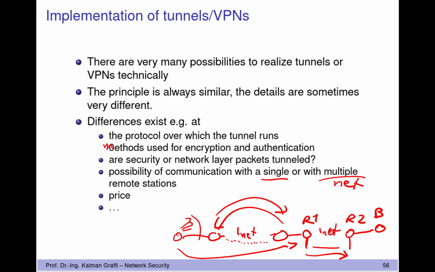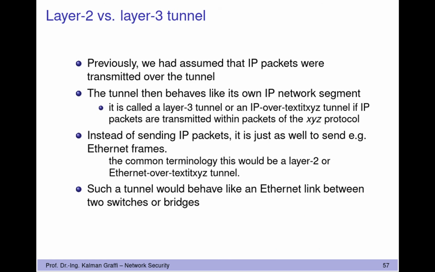Let's have a look at the differences between the various layers. Up to now we were just assuming that we have the station and it has its virtual private network interface, and any kind of message that goes in and is to be forwarded through this interface sends the message over the evil internet, and then basically arrives at the other branch.